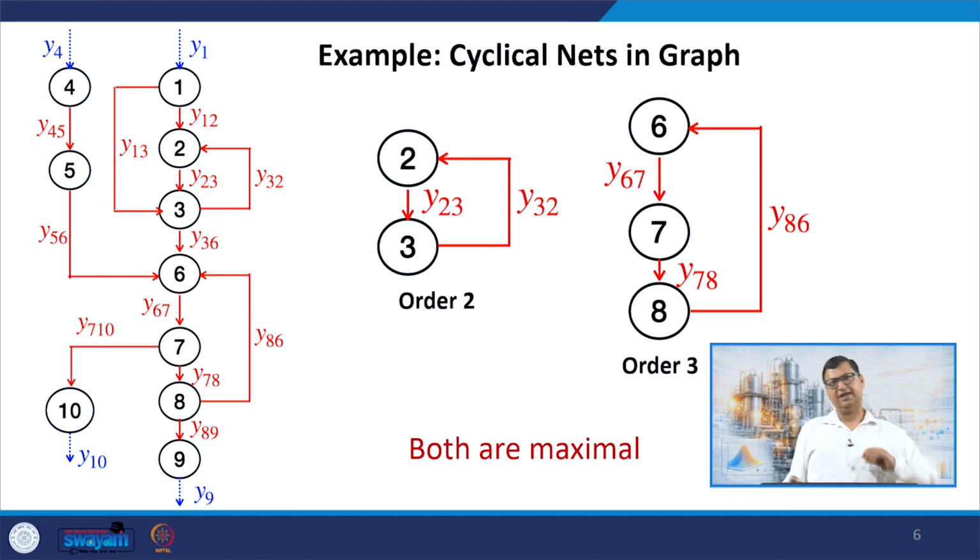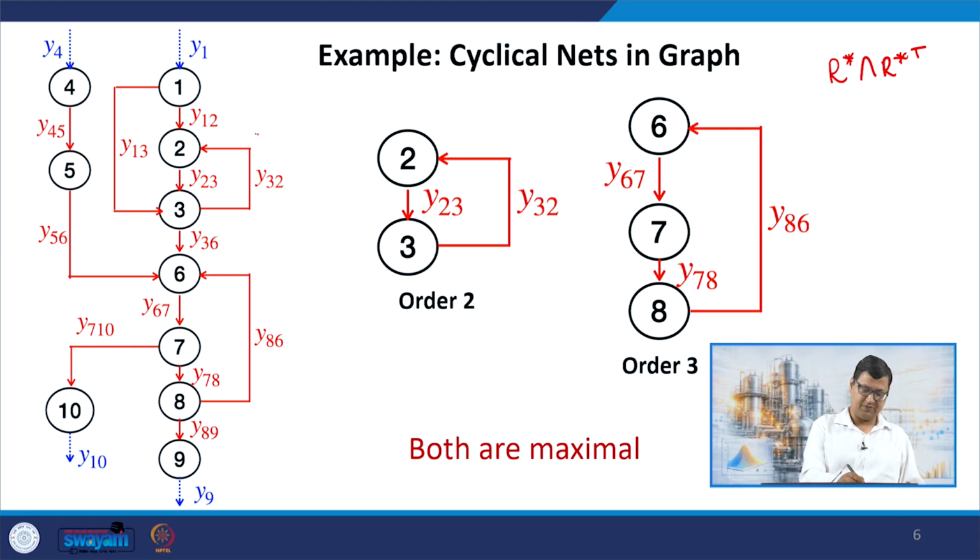So, I can do a formal computation of cyclical nets by taking R star intersection R star transpose, and that is the way it will be done in a computer program. But in this case, we can see by inspection that there are two cyclical nets in the graph.